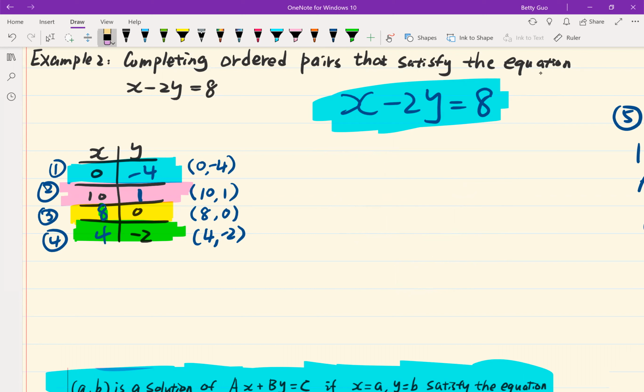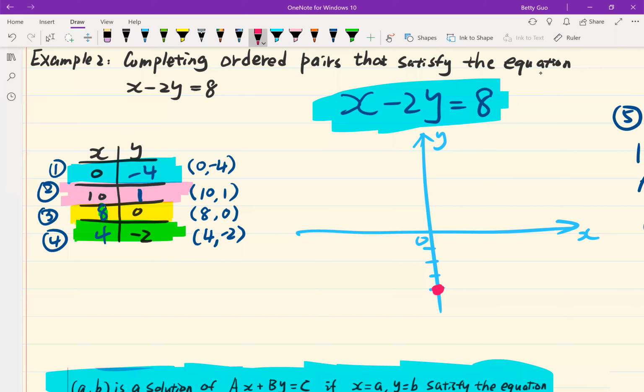And now we are going to plot those points. Let's see what will happen, okay? So now we are going to plot all the 4 solutions of the equation on the same rectangular coordinate system. We just covered the definition of rectangular coordinate system. 0, negative 4 is on the y-axis 4 units below.